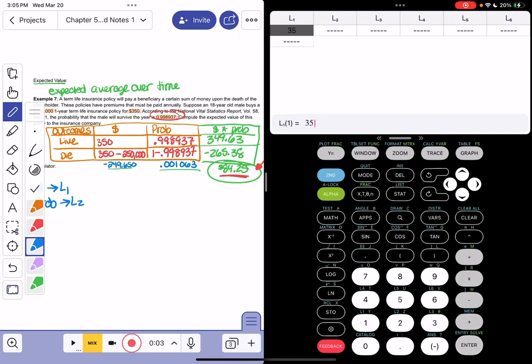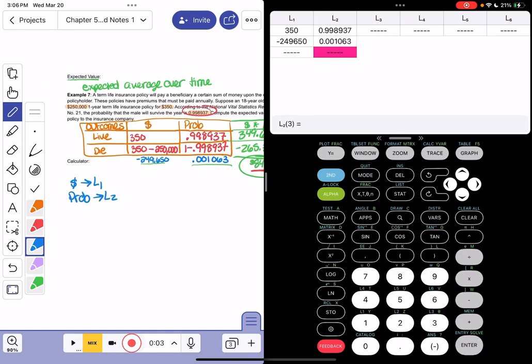L1 is 350 and negative 249,650; you can either type the value you got, or you can actually type the subtraction problem in there. That's up to you. And then L2 is 0.998937 and 0.001063. So we have those numbers in there.